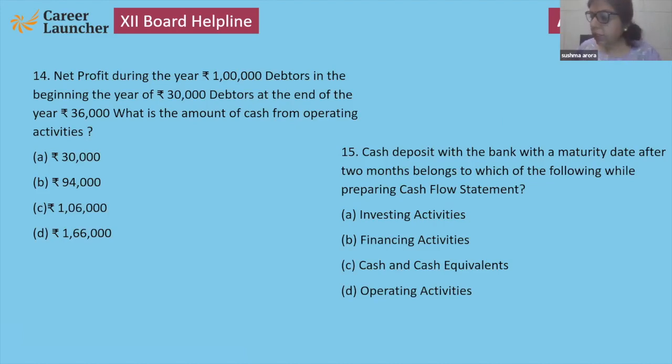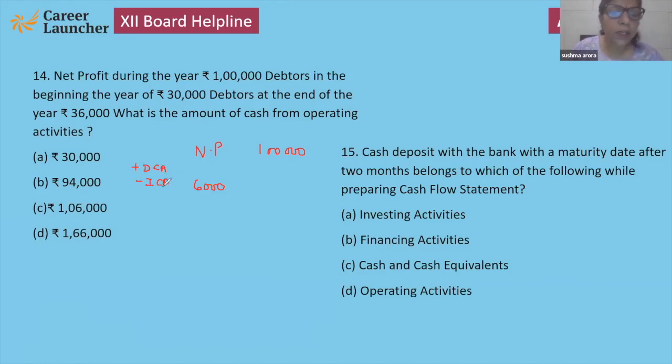So children, this question of rupees 1 lakh is the net profit. And as I gave you one very good point, net profit is 1 lakh, beginning is 30,000, ending is 36,000. So 6,000 is the difference. So you should add DCA, or ICA should be minus.